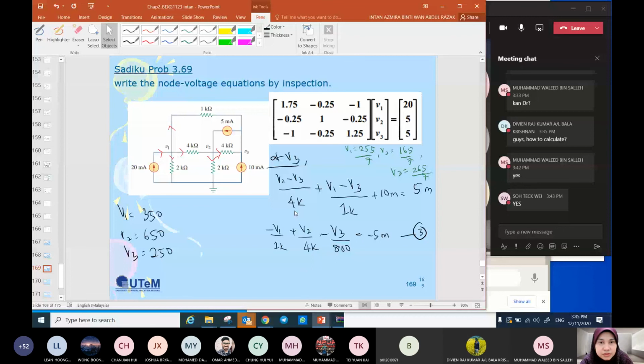Minus V1 over 1K plus V2 over 4K. Okay, can someone check my calculation? Where is the mistake?